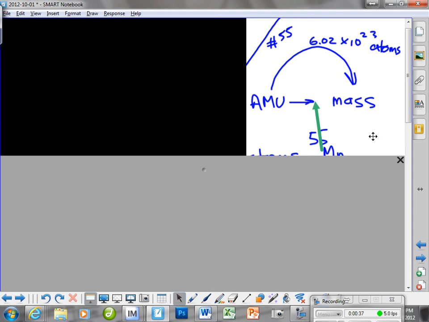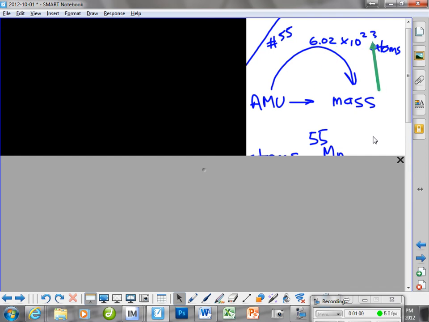Let's look at AMUs. AMUs are atomic mass units, and the total mass in AMUs converts to total mass with 6.02 times 10 to the 23rd atoms.